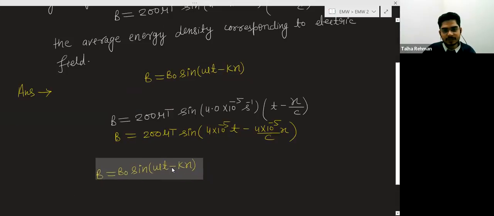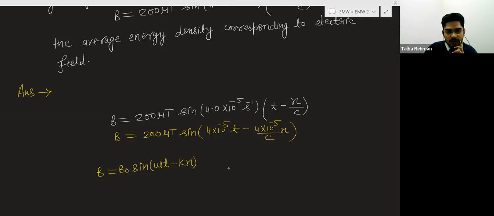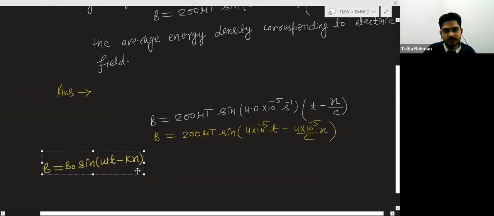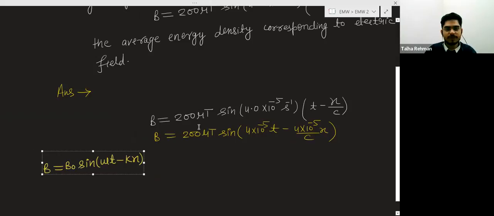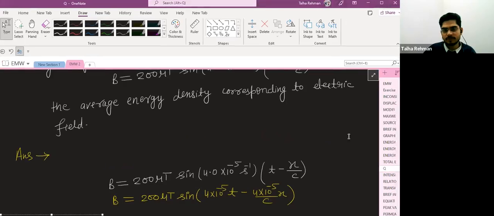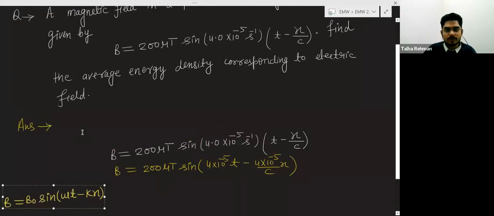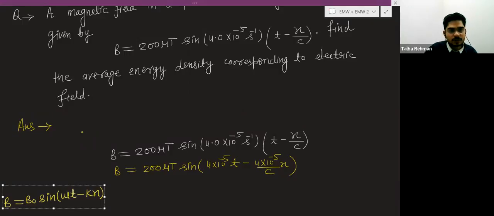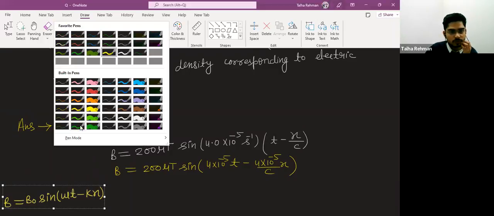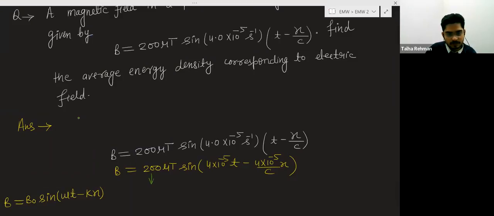So this will be B naught, and this will be omega, since with t there is omega.